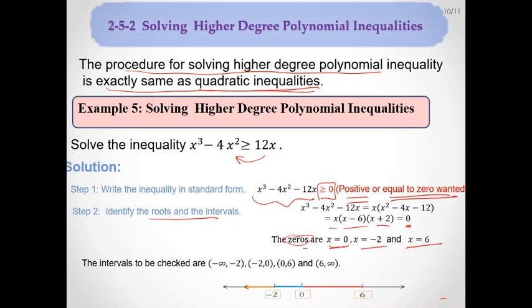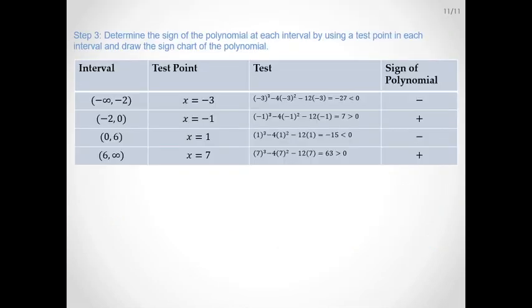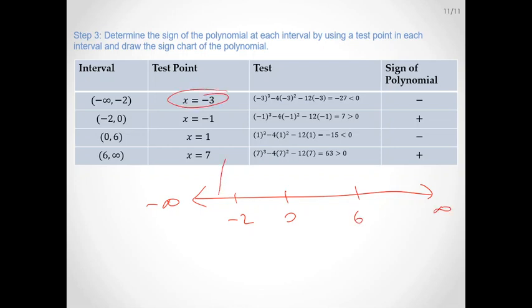Put them, and then for each interval, pick a test point. We can visualize it this way. Pick from here, you can pick negative 3 and put it in the polynomial. So you got negative 27. It means negative, so you put here a negative sign.